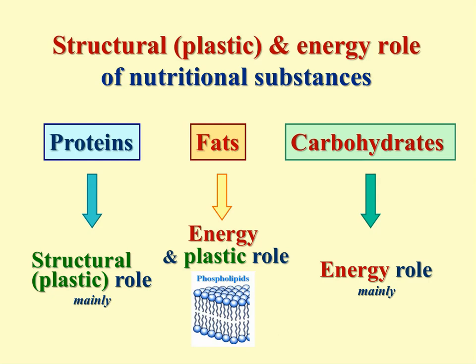Then carbohydrates are present on the surface of membrane. If you remember, the antigens of the red blood cells membrane, A and B antigens of the ABO system, belong to carbohydrates predominantly. So, of course, they participate in structures formation, but their main function really is the energy function.